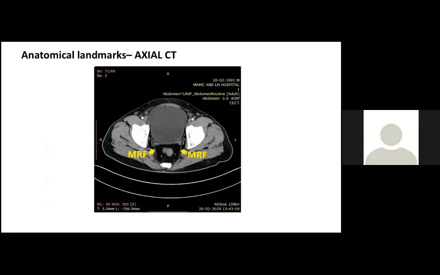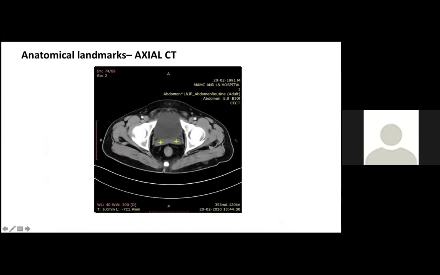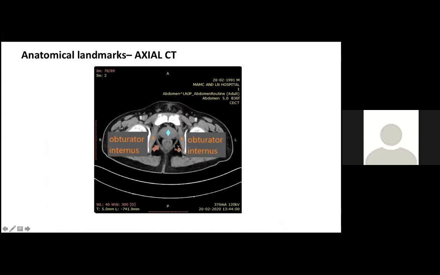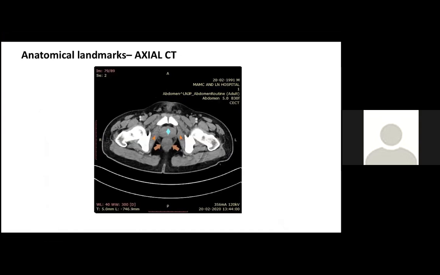Right here, go down. Now the mesorectal fascia is also visible over here, right? Go down. The levator ani is very well visible now, and beyond this I'm not drawing anything. So this is my last part.